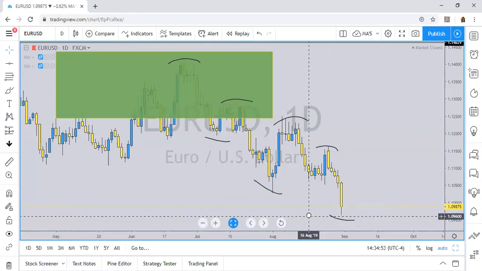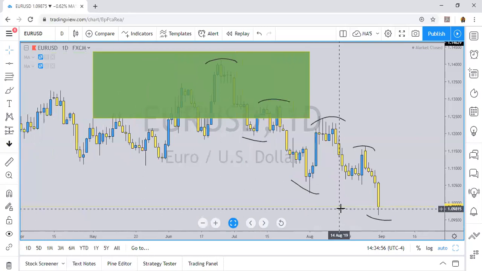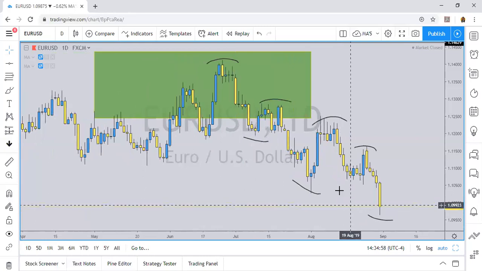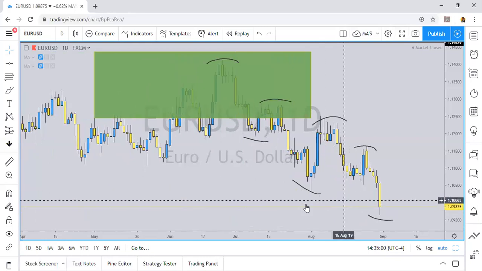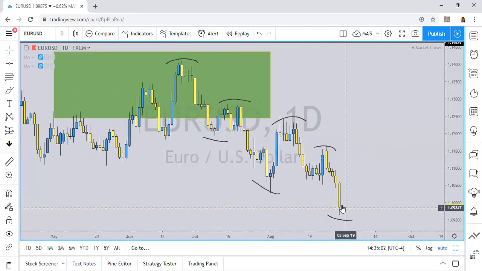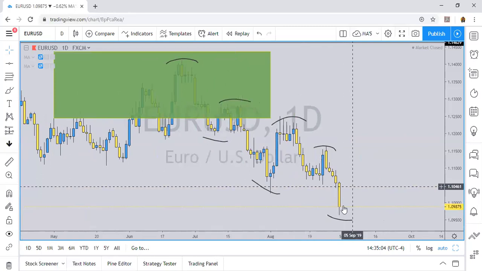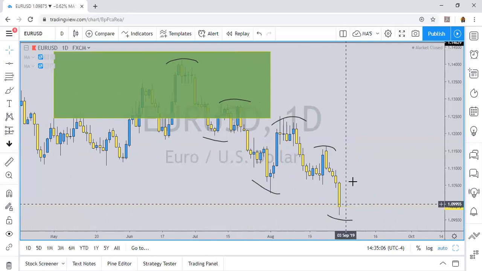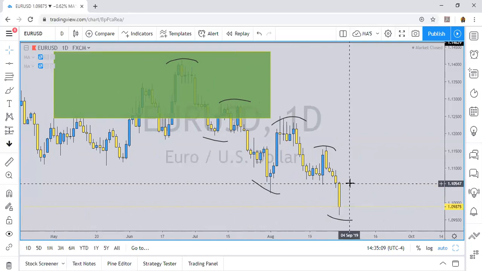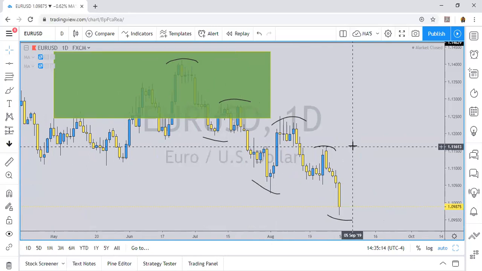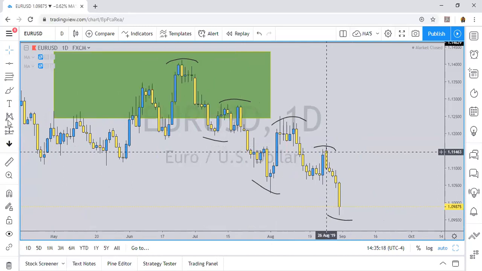Now, what my expectations would be for this pair is that I do expect for it to make some sort of upward, some sort of bullish movement. However, I don't expect for it to close and break above this previous area.